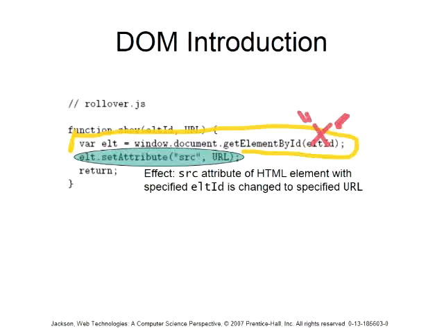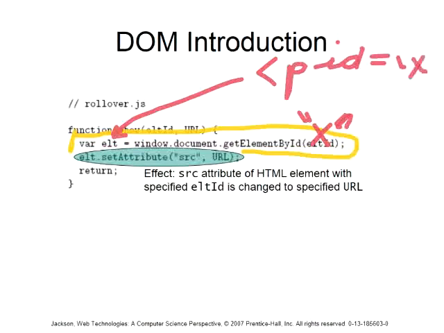It will be X. So the element in our example is P with ID equal X. It's clear.